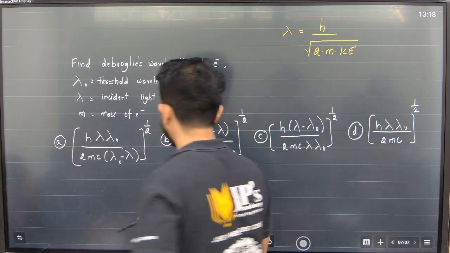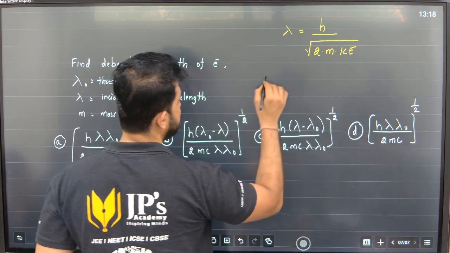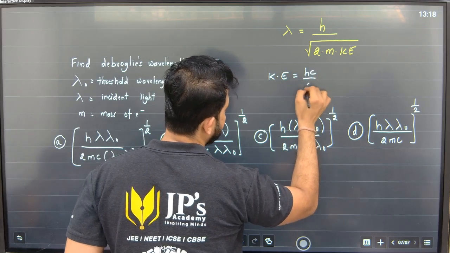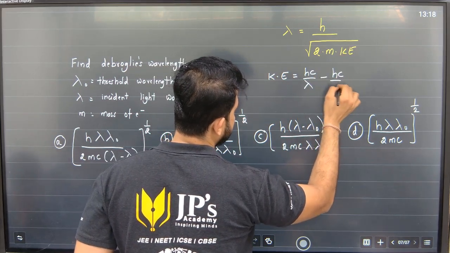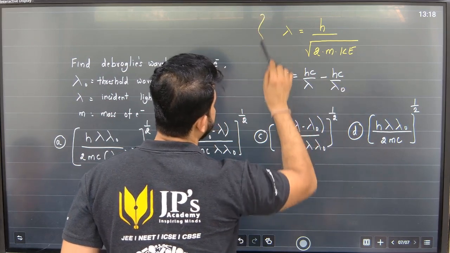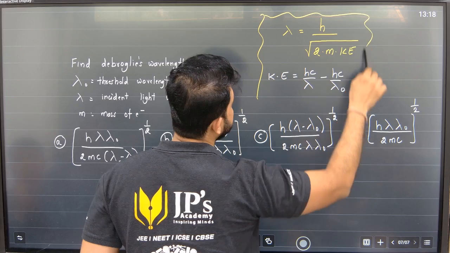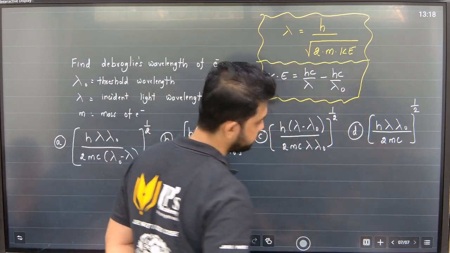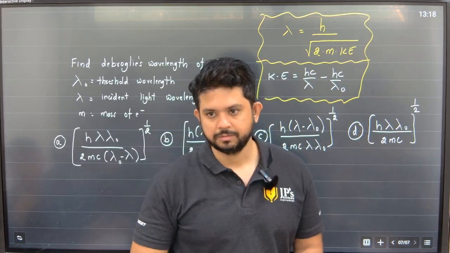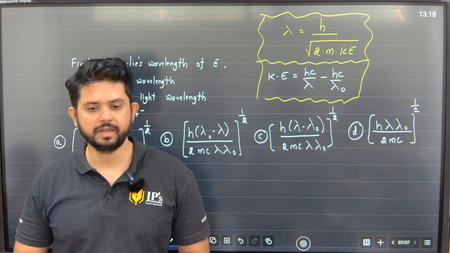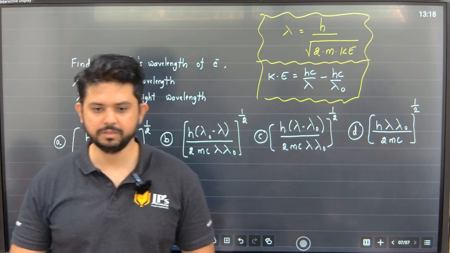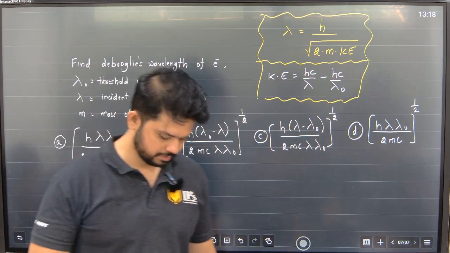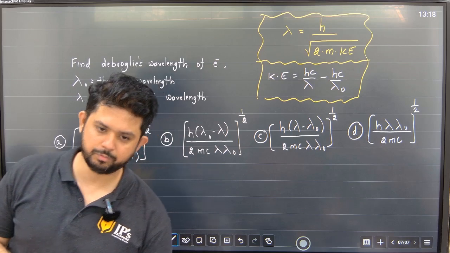We use this expression with the expression of the photoelectric effect. Using these two expressions, you can find the answer. We will do this numerical again when we do de Broglie's wavelength. That completes the numericals, though there are many more; here we stop.